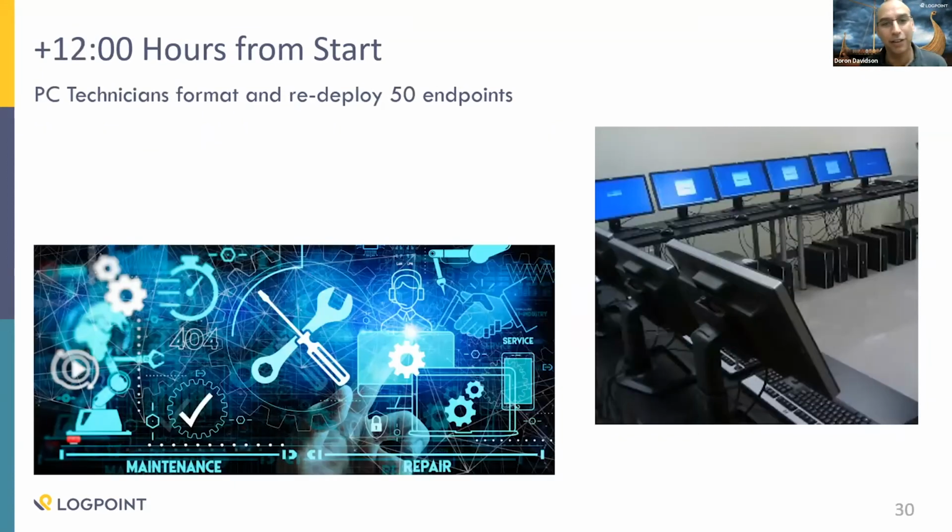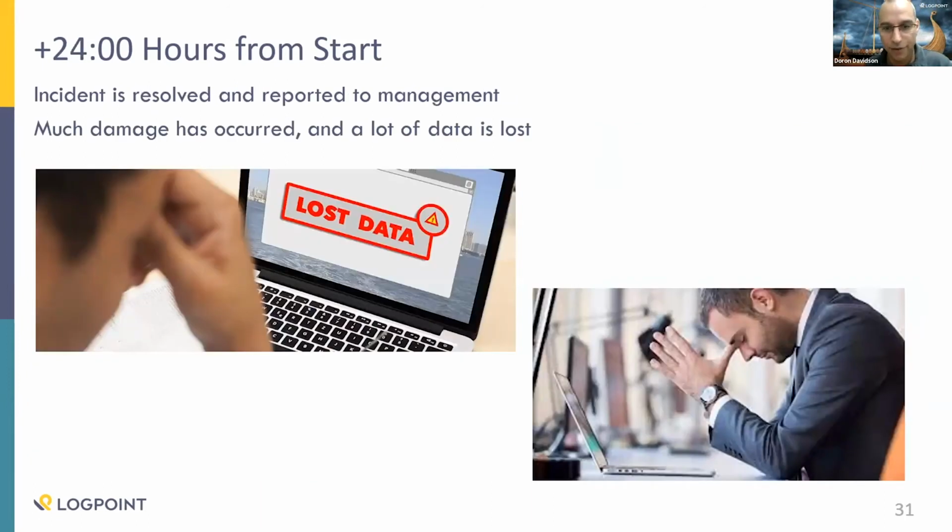And not only that, we now have 50 endpoints that we need to redeploy, and this will take us a lot of time in the organization. So assuming that only 24 hours would suffice to close on this specific attack, not to mention the fact that it will then take us several hours just to explain to our management and to the CEO why we are at this point of time.